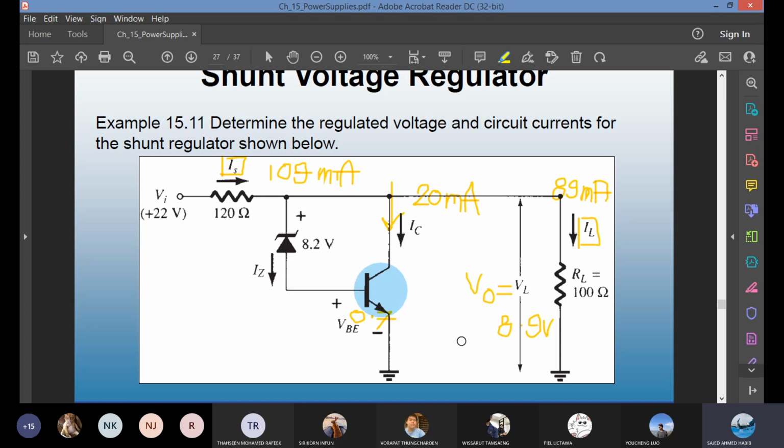Any questions? This is how you determine the IS, IC, IL, and Vout of the circuit. Typically, exam questions involving voltage regulators are like this. If you get a voltage regulator circuit, you will be asked to find the different voltages and different currents.